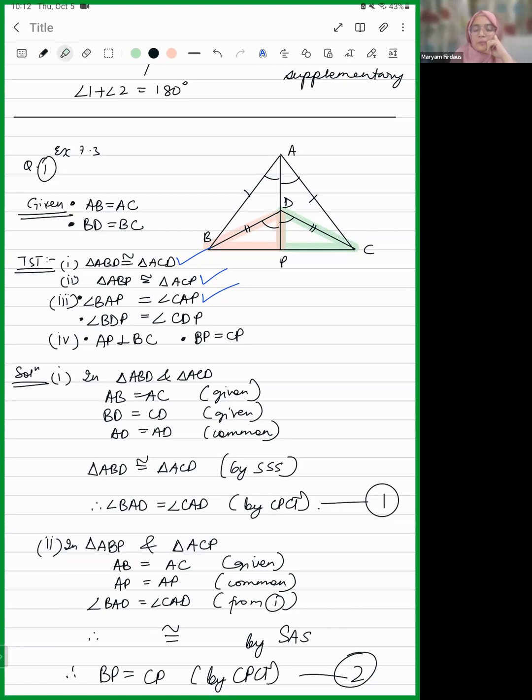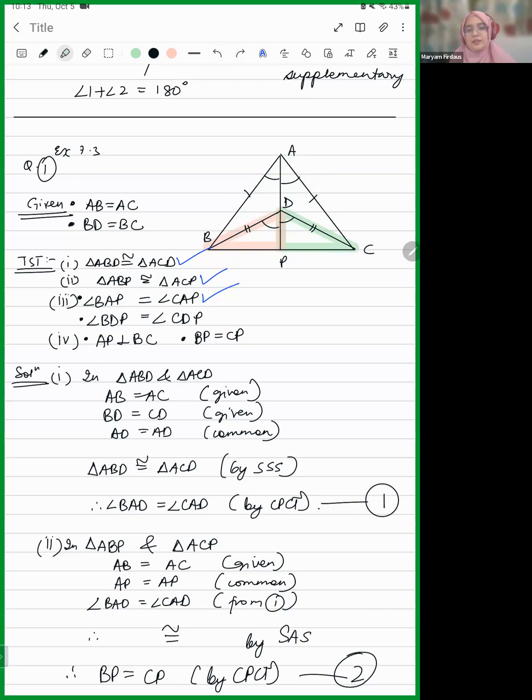So triangle BAC. Yeah, so you mean triangle ABC, the biggest one, the entire triangle.